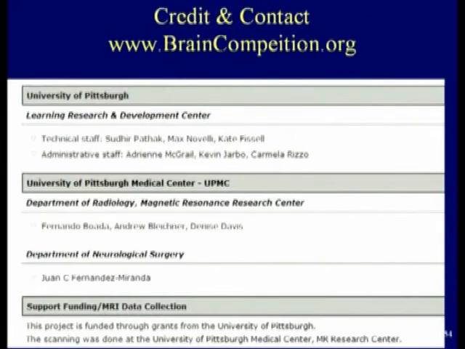The radiology department is where we have been doing the analysis under the direction of Fernando Boda. Andrew Blechner is the radiologist, and he's helping us with the scanning protocols. And in terms of anatomy, we also have the benefit of one of our neurosurgeons, Juan Fernandez Miranda, in this process. So this is the group that is providing the details for the competition.